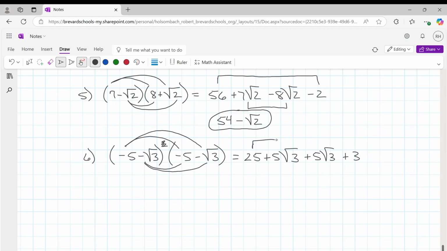So then we take a 25 plus a 3 and we get 28. And then 5 radical 3 plus 5 radical 3 is 10 radical 3. And there you have it.